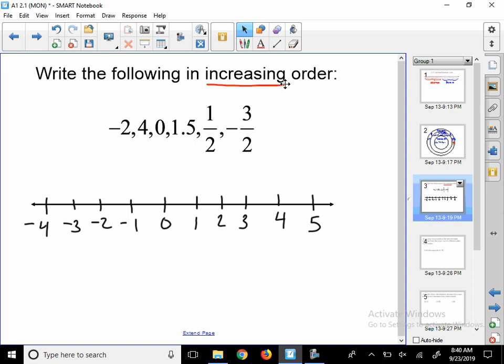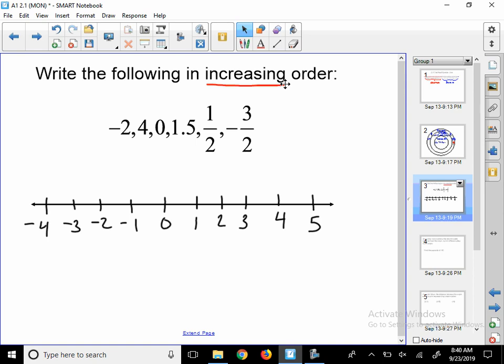Now, one thing that might help you guys: we have regular numbers, no fractions, no decimals, -2, 4, 0. Then I have 1.5, and then I have 1/2 as a fraction and -3/2 as a fraction. One thing that might help is getting them all to the same form.